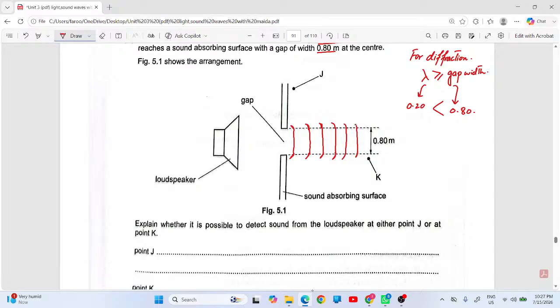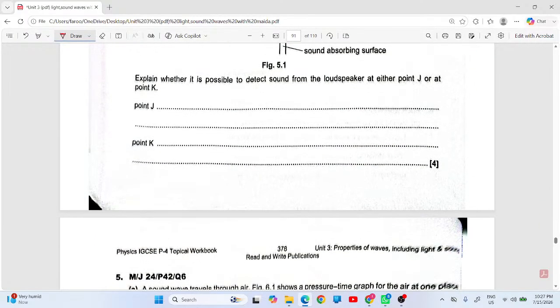So there will be very little diffraction just around the corner. At K you will hear a little sound, because there will be some diffraction, but very little at J.